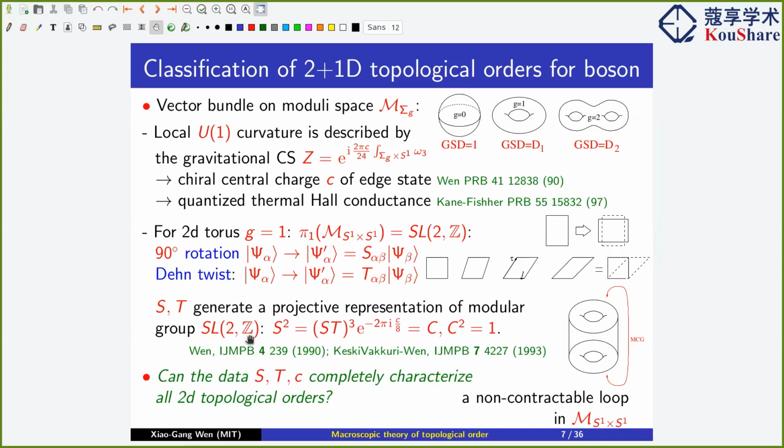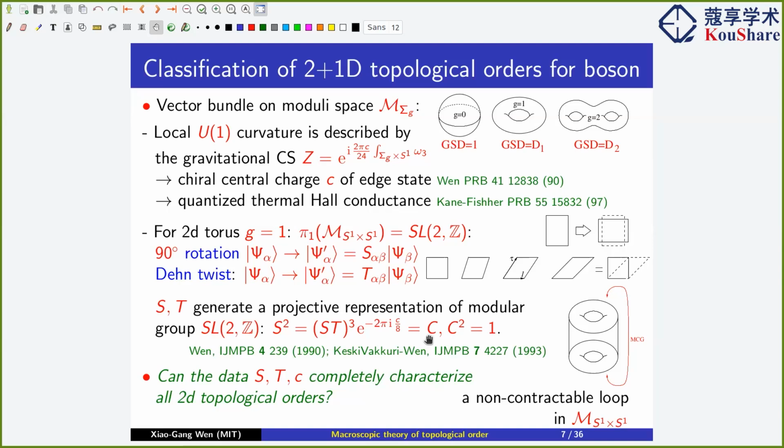So in two-dimensional topological order, in some sense we can say that the topological order is quantitatively described by the S matrix and T matrix, and they form an SL(2,Z) representation. This may be the key thing I just mentioned. That is the quantitative description of this 2 plus 1 dimensional topological order.